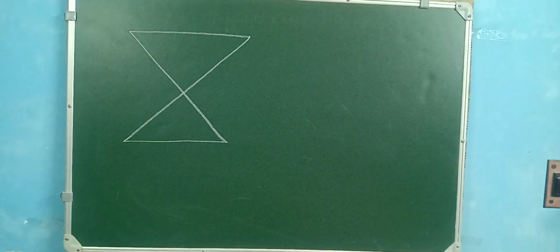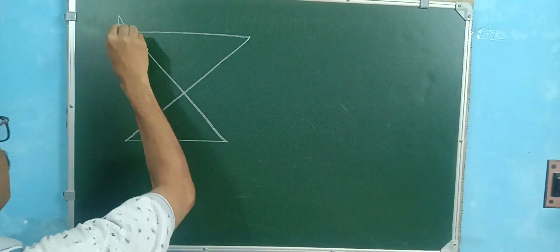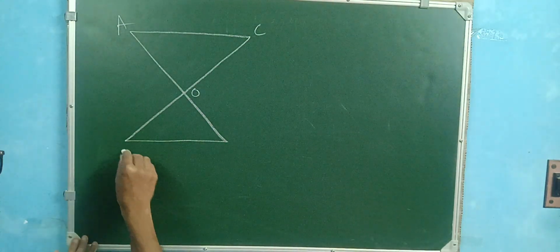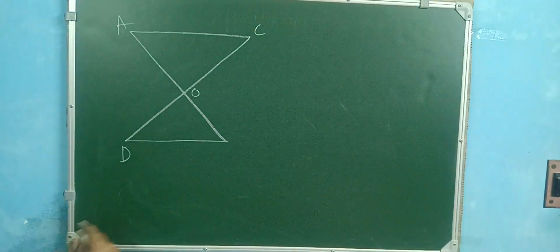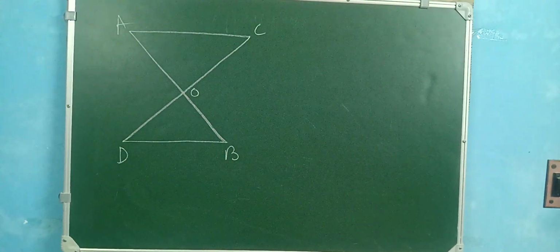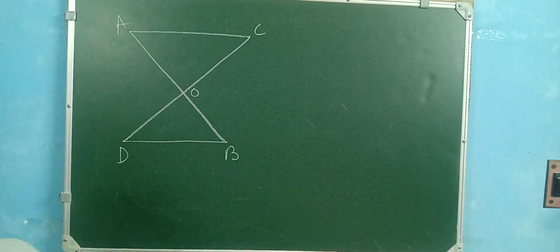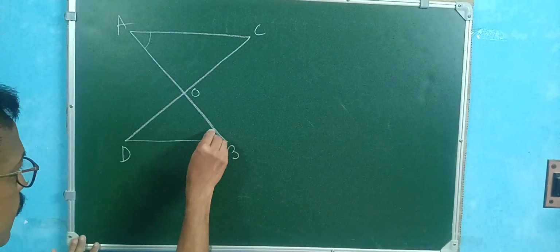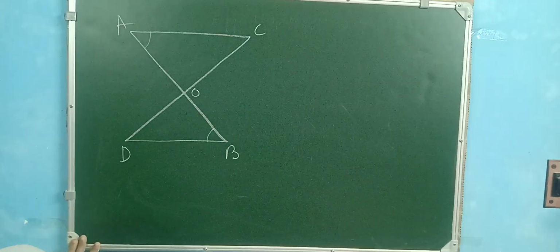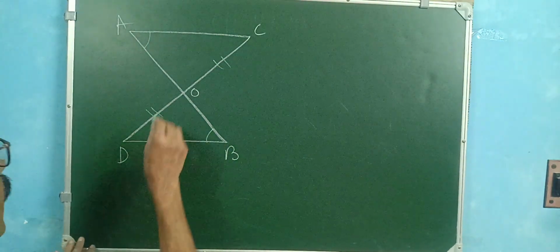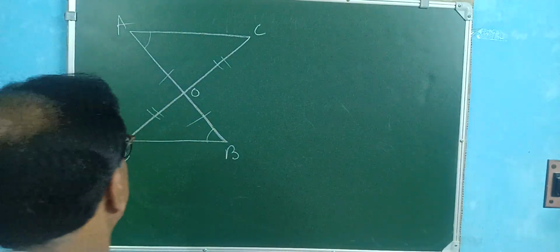Here A, C, O, this is D, this is B. Here is given this angle equal to this angle, this side equal to this side, and this side equal to this side. This is given.